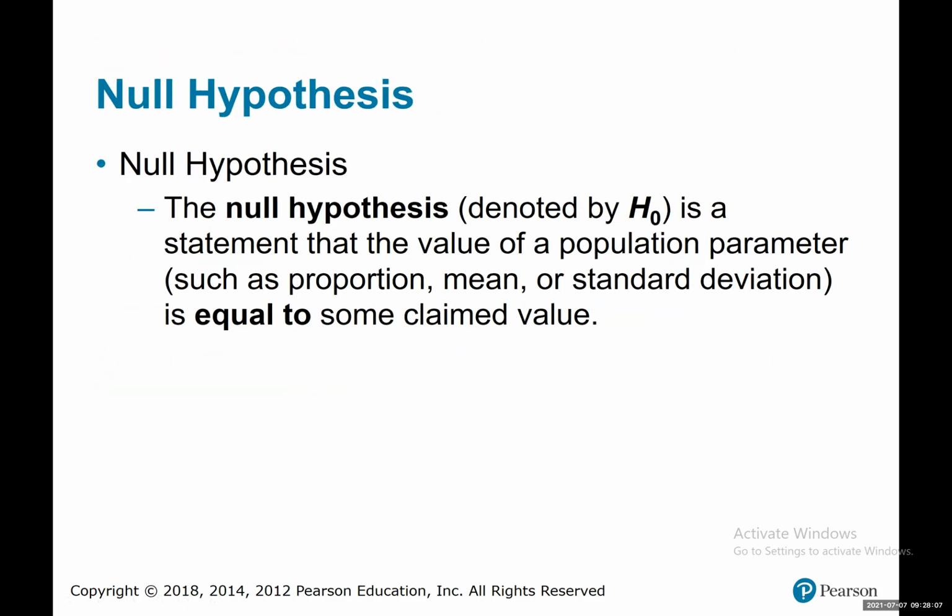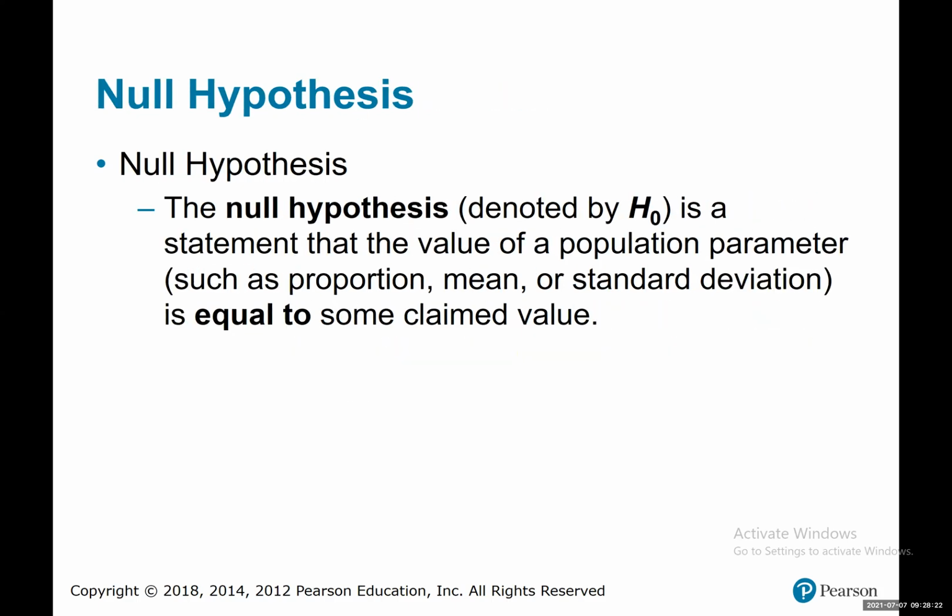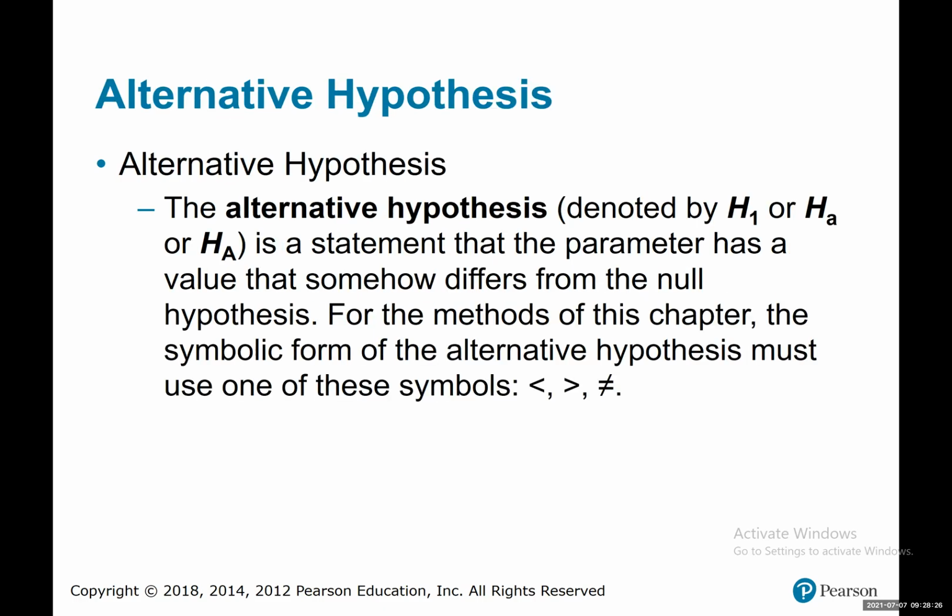Two vocabulary words that we're going to use throughout the next few chapters: null hypothesis and alternative hypothesis. Null hypothesis is always equality. Alternative hypothesis is greater, less, or not equal to.